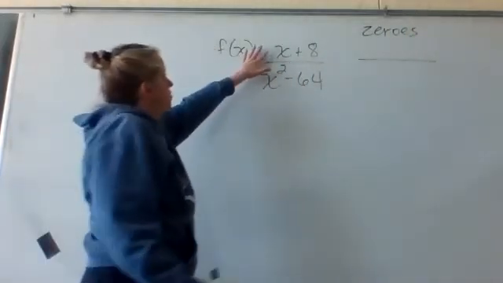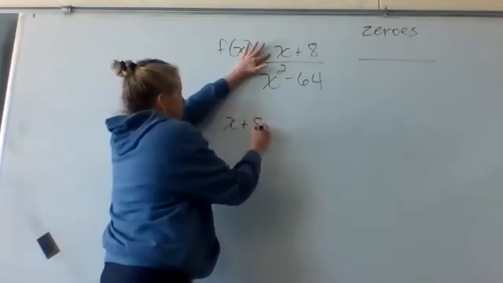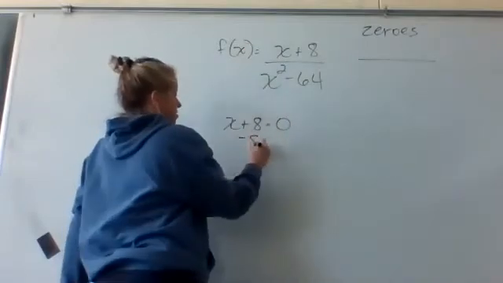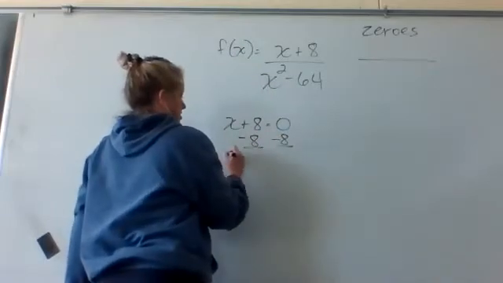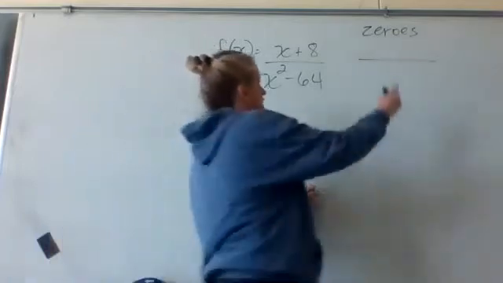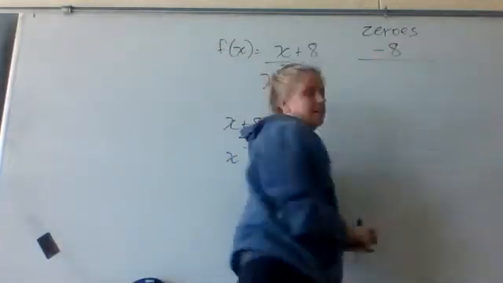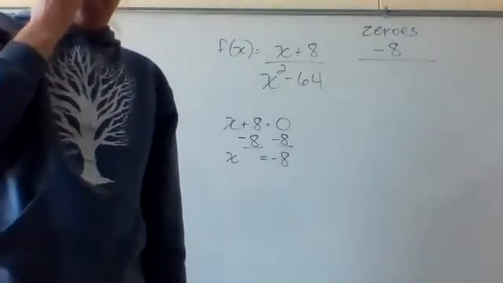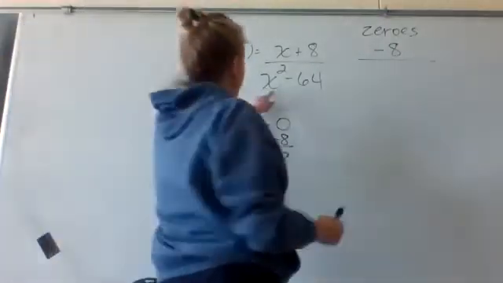So let's find the 0 of the numerator. I have x plus 8 equals 0. Solve it for x, so subtract the 8 from both sides. So x equals -8. So -8 is the 0 of the numerator. Now let's do the denominator.